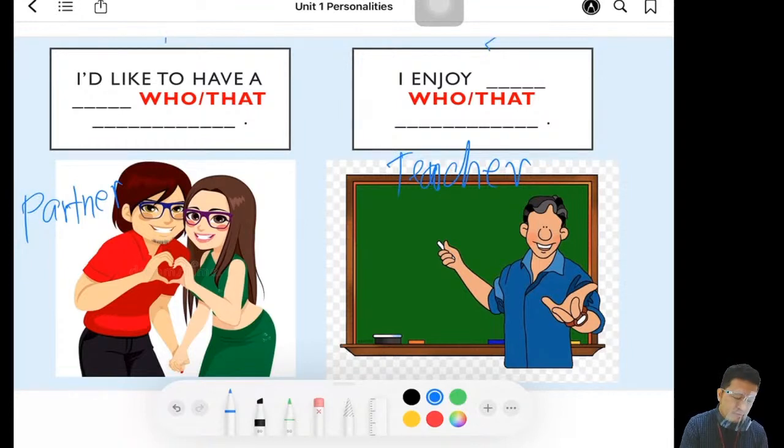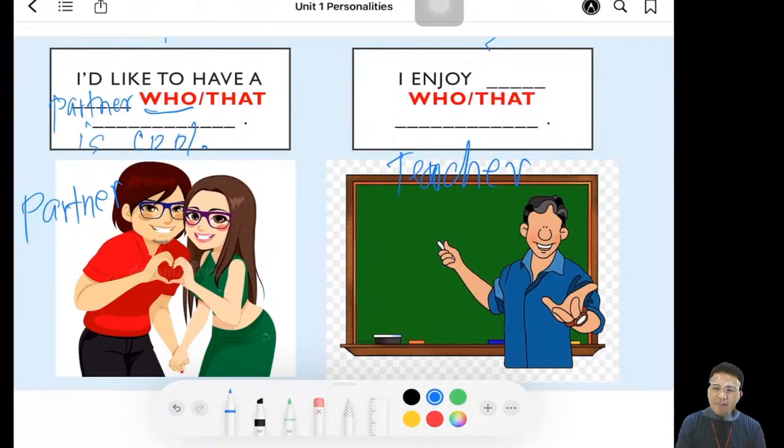So let's use the first word, which is partner. I'd like to have a partner who is, for example, cool. Partner is singular, so we're going to use is. Okay. How about you?